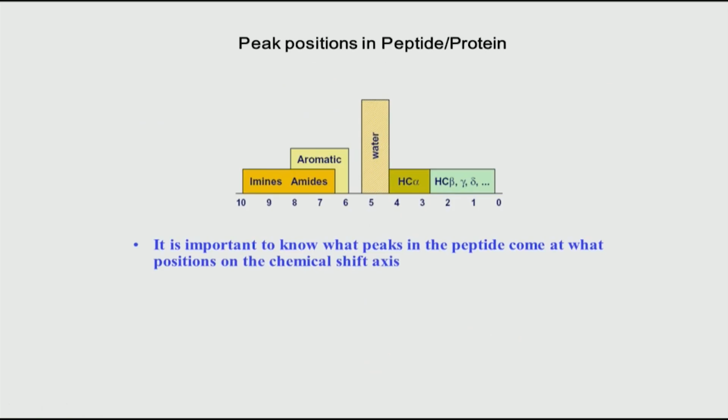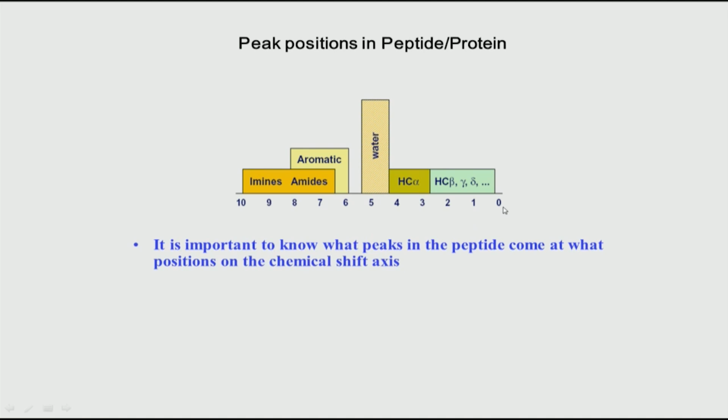Now suppose I record a 1D spectrum of a peptide. What kind of spectrum do I expect to get, and what are the different chemical shift values? This is just a schematic; down the line we will see a real 1D NMR spectrum of a peptide, but right now this slide tells you the rough positions where the different functional groups in the peptide will come.